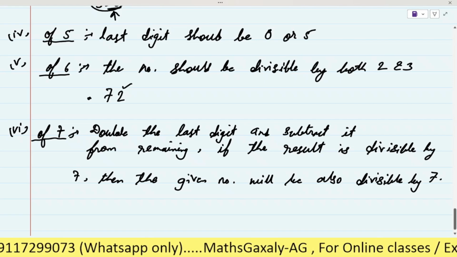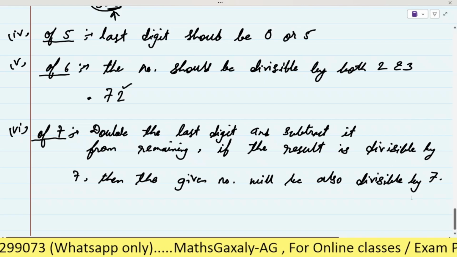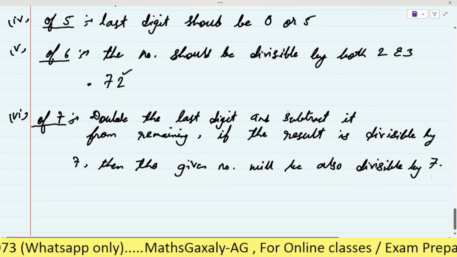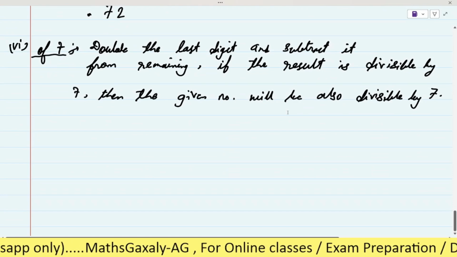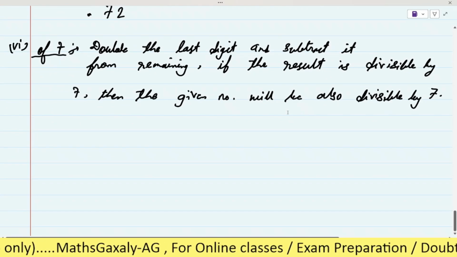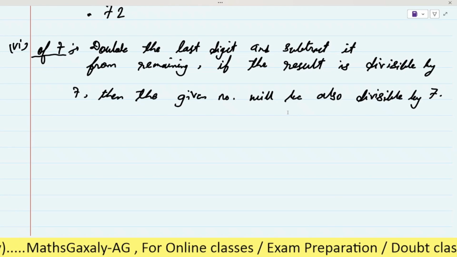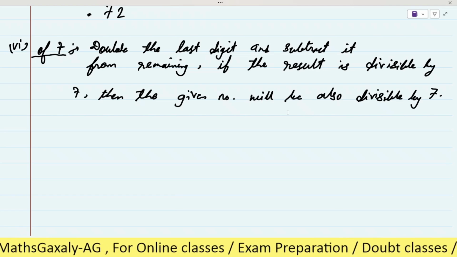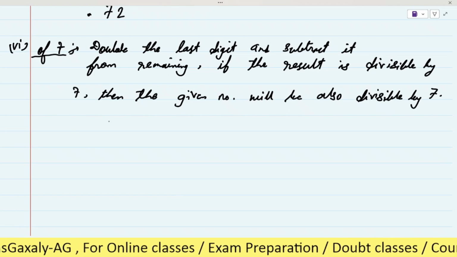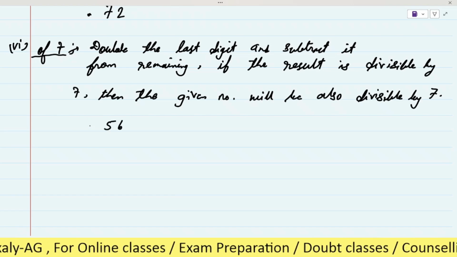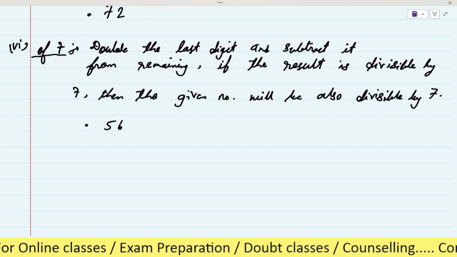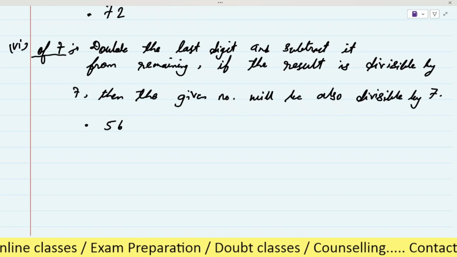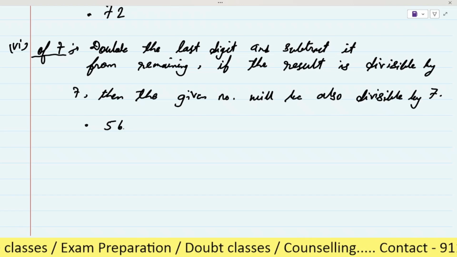Okay. Let any number which is divisible by 7. 56. It's too easy, right? This is a two-digit number, so you can easily check it: 8 7s are 56.